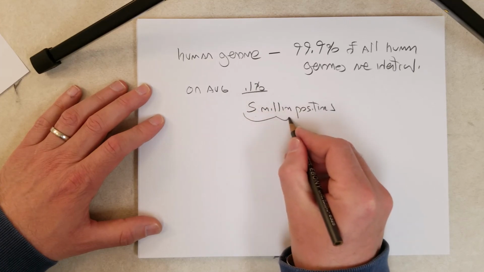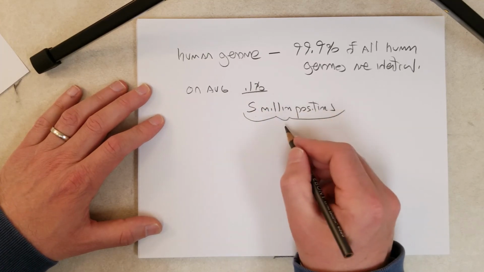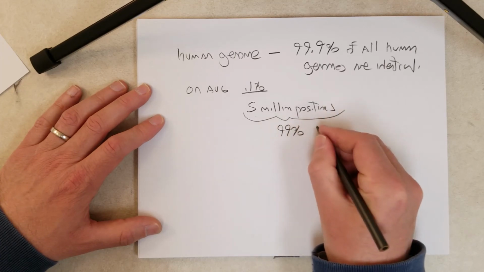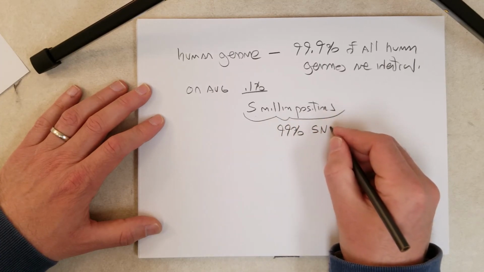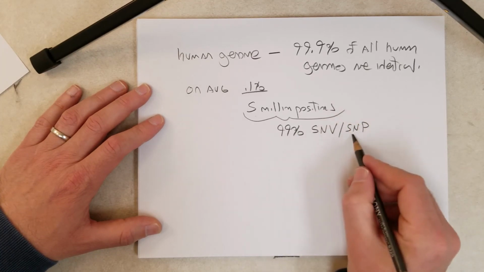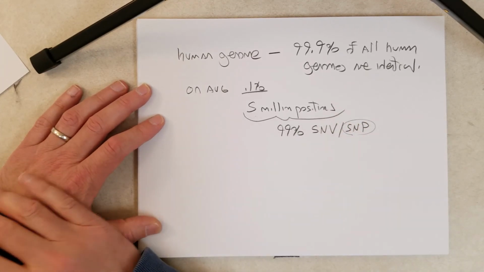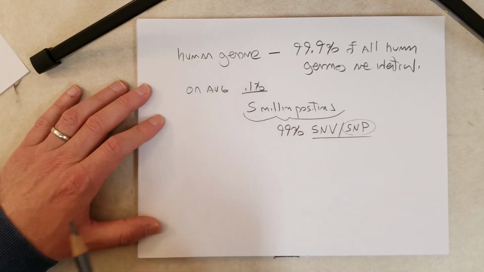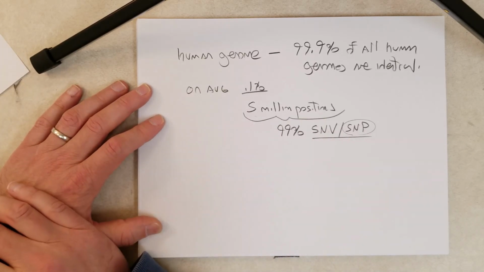99% of these 5 million differences are what we call single nucleotide variants or single nucleotide polymorphisms. Most of them are single nucleotide polymorphisms. We're going to talk about these. Essentially what this means is a single base is different relative to the reference genome. So just a single base.